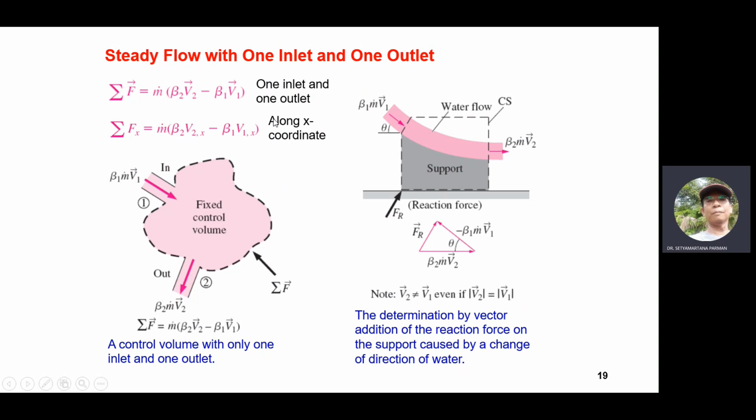And if we observe a system where the flow is only along the x coordinate, we can write simply that the resultant of the force in the x direction equals m dot times beta 2 and velocity 2 in the x direction, minus beta 1 and the inlet velocity along the x direction.